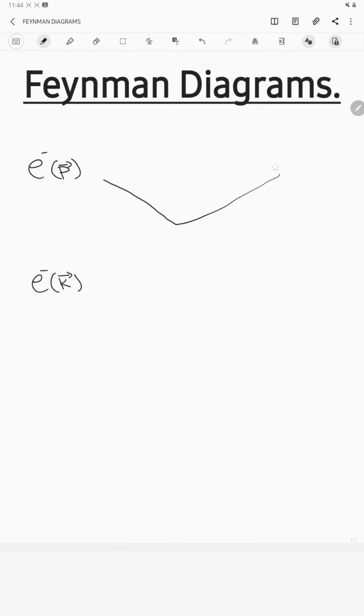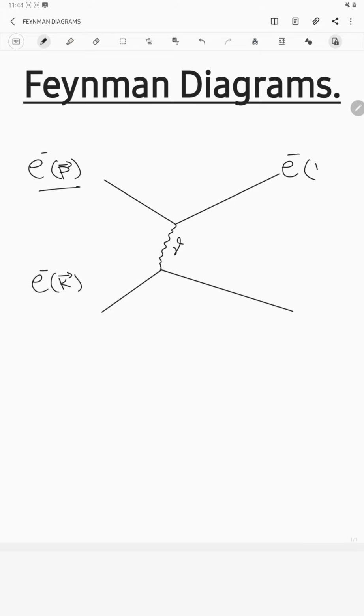So let's draw a Feynman diagram for this typical scattering. And so we have two electrons, they would scatter with the exchange of a virtual particle or a boson that is known as the virtual photon. And so what happens is the momentum of this electron is changed to some momentum p prime, and the momentum of this electron is changed to some momentum k prime.